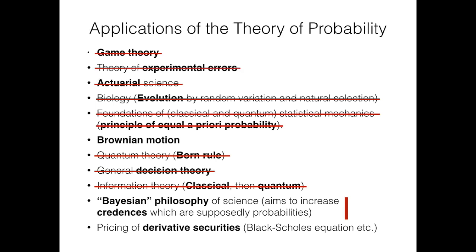So, Brownian motion, that doesn't actually purport to be a fundamental theory, since although it has a stochastic law of motion, that's assumed to be an approximation to a more microscopic cause, such as impacts from molecules that aren't explicitly treated by the theory of Brownian motion.